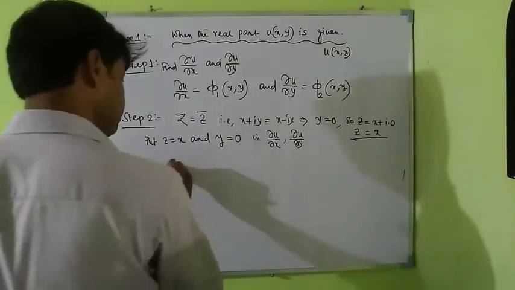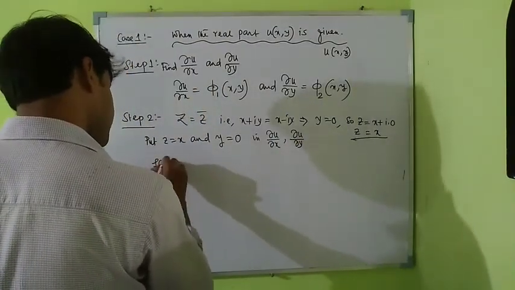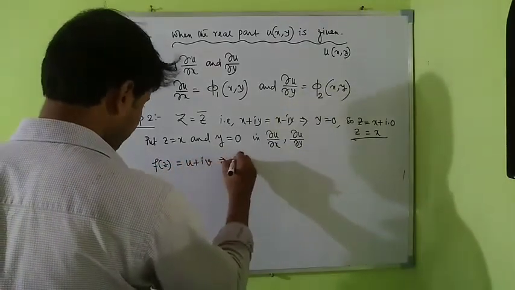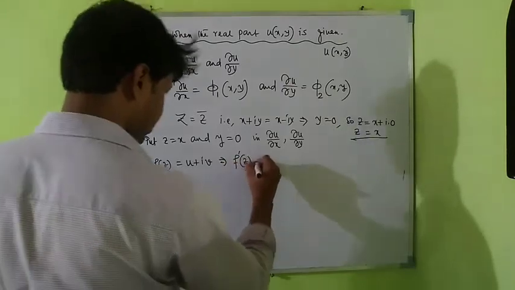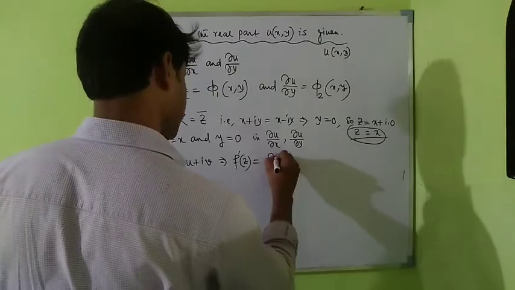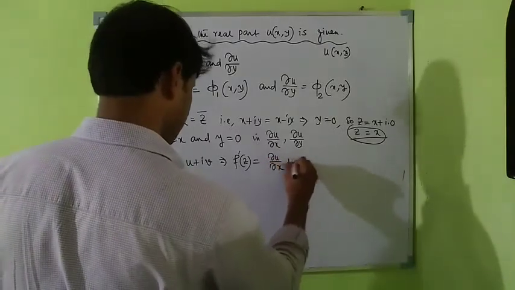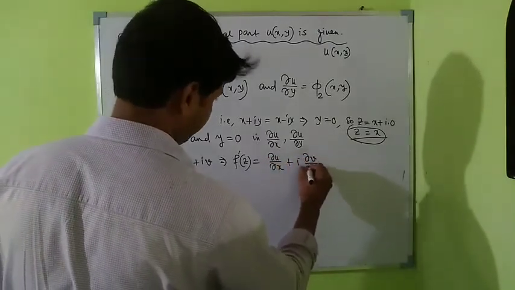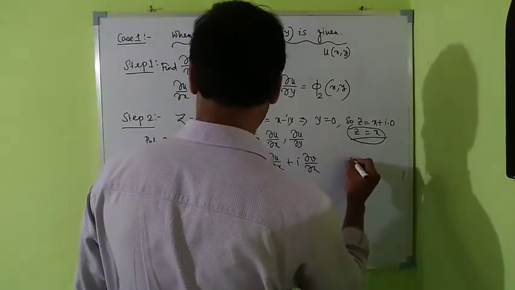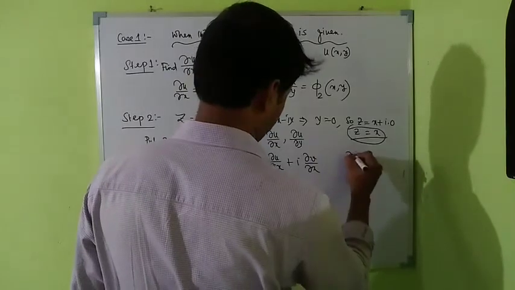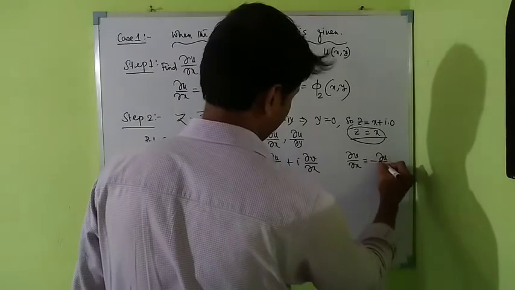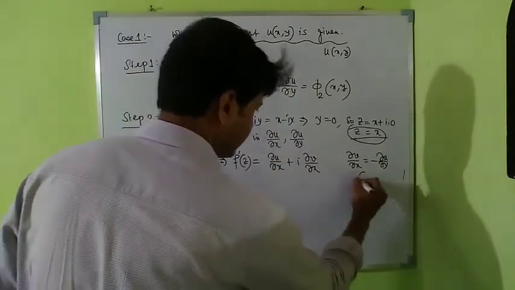We know that f(z) = u + iv, which implies f dash z is del u del x + i del v del x. By the Cauchy-Riemann equation, del v del x = minus del u del y.